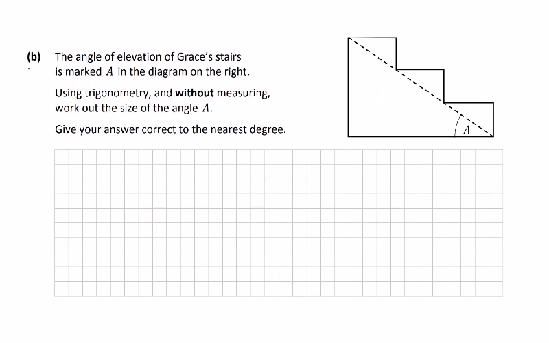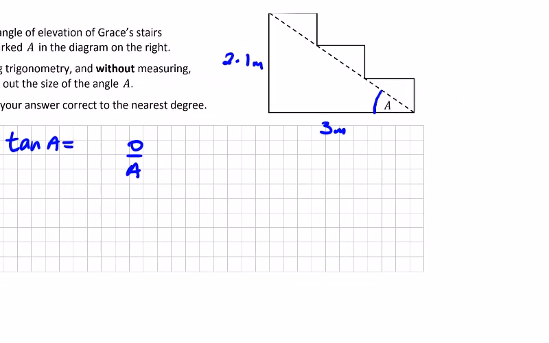Part B, trigonometry now. The angle of elevation of Grace's stairs is marked here, A. We said it was 2.1 meters high and 3 meters wide. We have the straight sides, so you know it's going to be tan. The tan of A is equal to opposite over adjacent, 2.1 over 3.